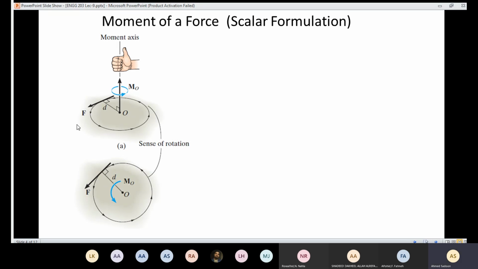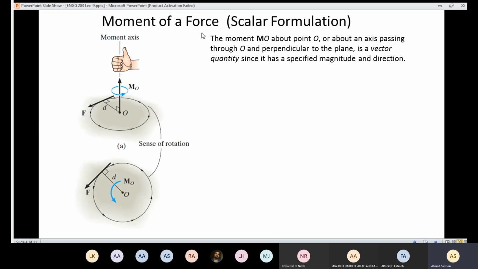It's important to apply this when we are dealing with a moment in vector form. So the moment M_O about the point O, or about the axis passing through O. We have an axis here perpendicular to that plane passing through O. It's a vector quantity.